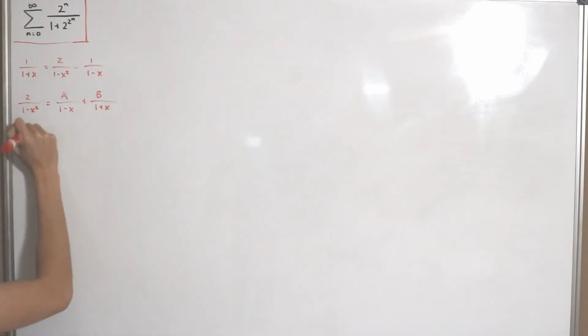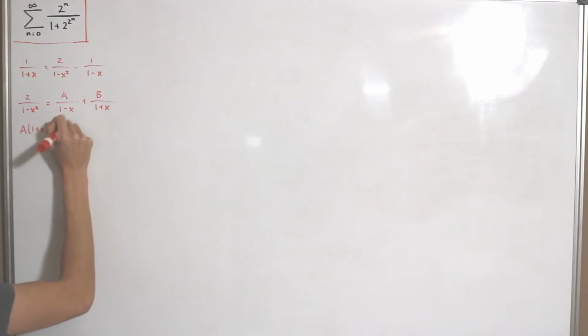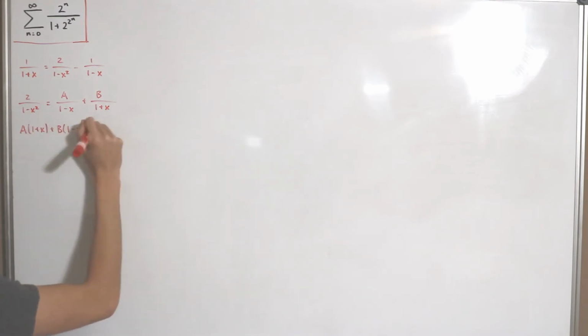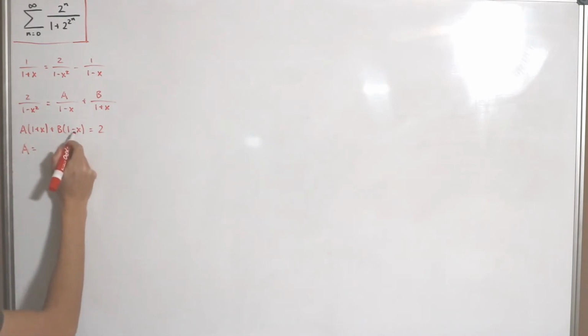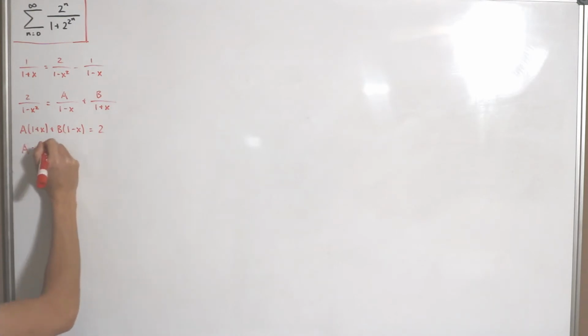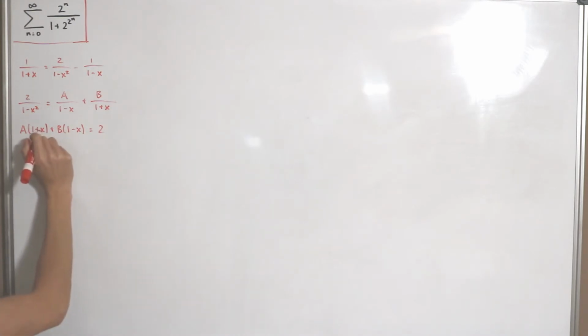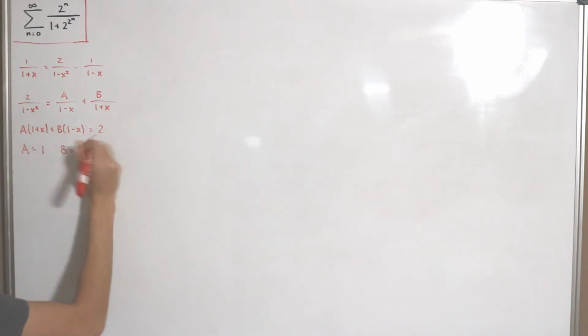You solve for your constants A and B. B times (1 minus x) equals 2, so if you set x equals 1, B drops out and A will be 1. Over here, if you let x equal negative 1, A drops out and B will be 1.